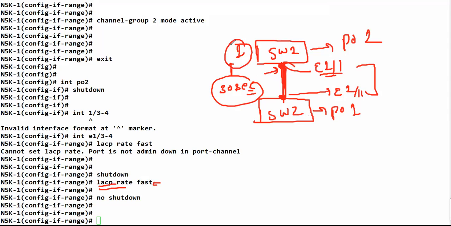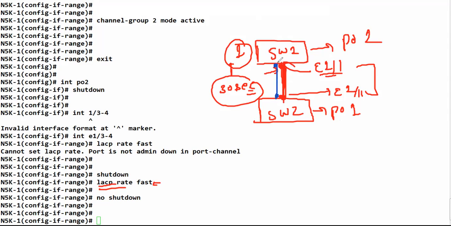Okay, so you can use it in case, let's say, you have some critical server where you want fast convergence. So it can be like this, right? Let's say you also have one more port here in port channel 1. Let's say here it's Ethernet 1 by 2.